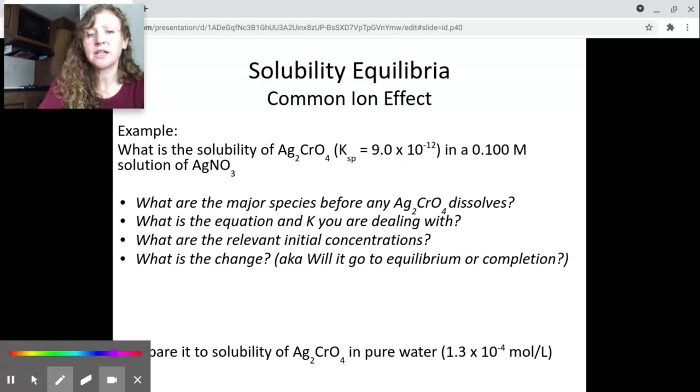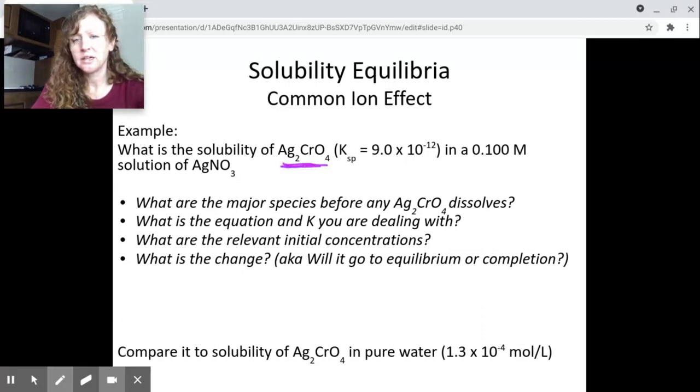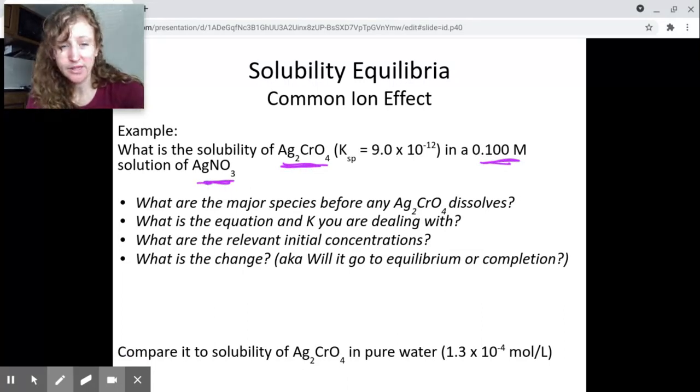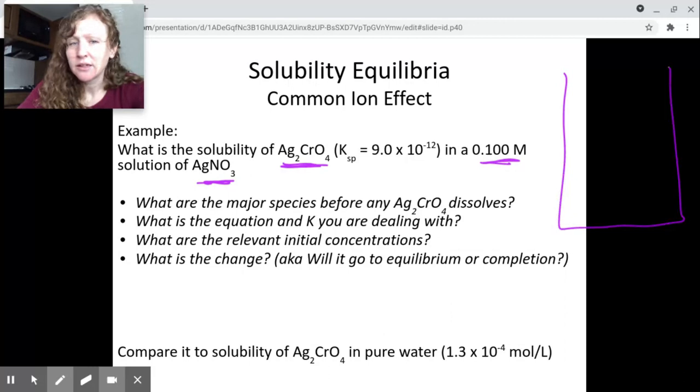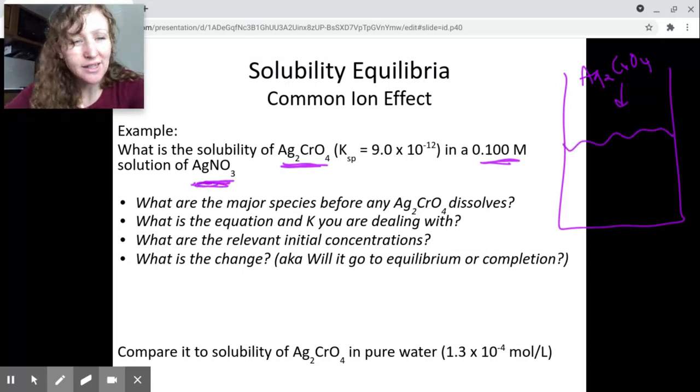What's the solubility of Ag2CrO4, silver chromate, in a 0.1 molar solution of AgNO3? Okay, so we're going to put Ag2CrO4 into a solution of AgNO3. So what's in that solution?